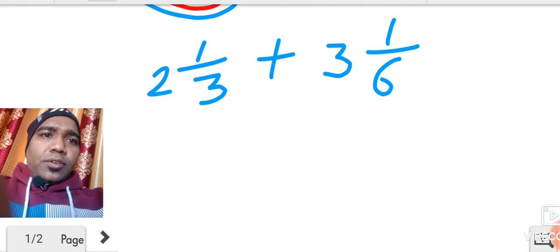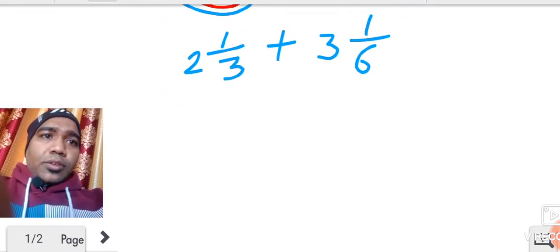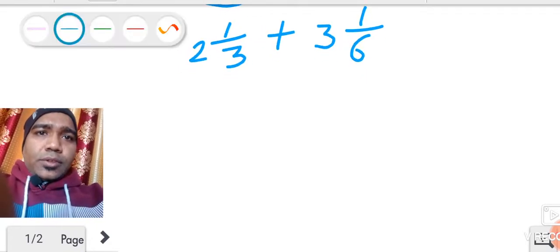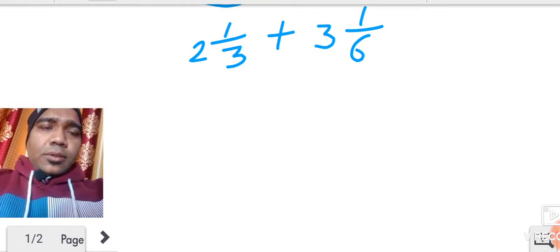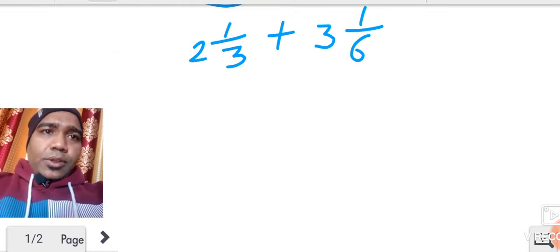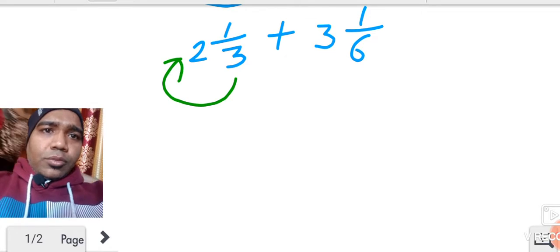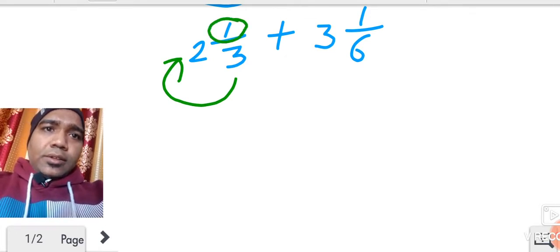So what is the first step? The first step is to change the mixed fractions into improper fractions. So what will you do? This 3 you will multiply with 2. 3 into 2 is 6, and the numerator part you will add, 6 plus 1.